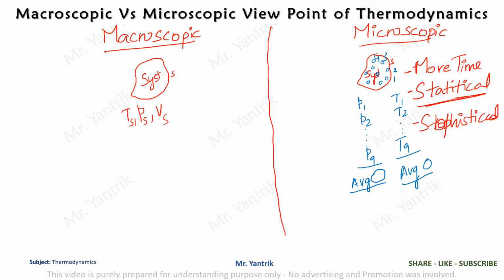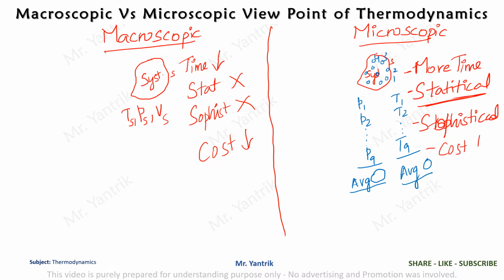The macroscopic view is to be understood as a whole. So the time invested is less when compared to the microscopic view, and no statistical means are needed for the analysis. Sophisticated equipment is not needed, or less needed compared to the microscopic view, and the cost of the analysis is less, whereas here the cost of the analysis will be more.